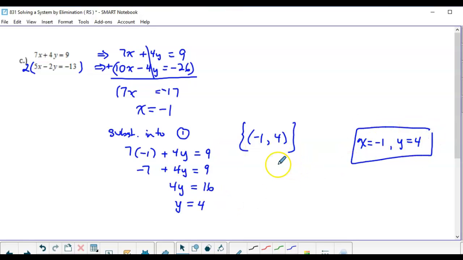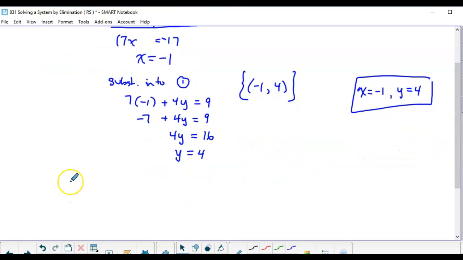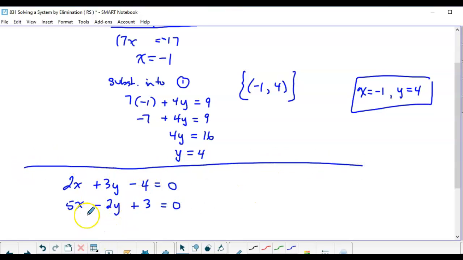Now, one last thing I wanted to show you is what if you had something like 2x plus 3y minus 4 equals 0, and then 5x minus 2y plus 3 equals 0. Say you had this, where you can't multiply 2 by anything to get 5 or 3 by anything to get 2.